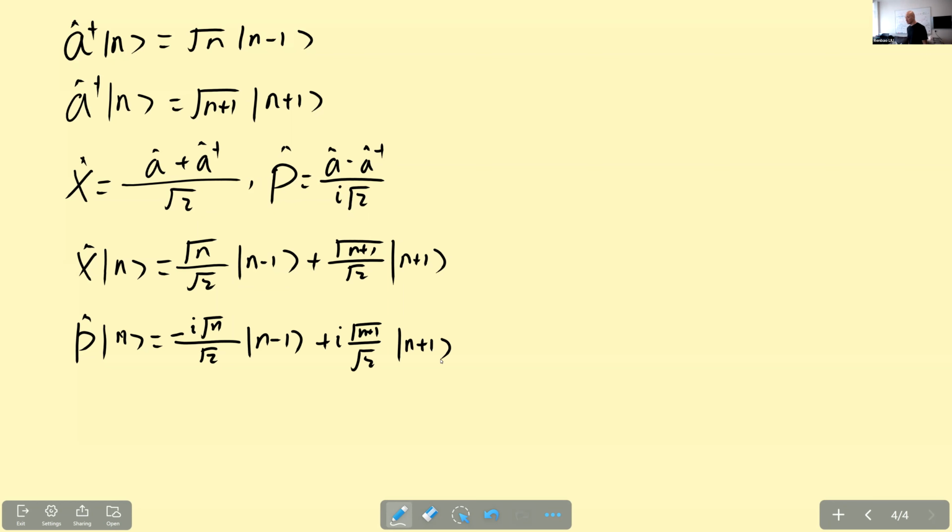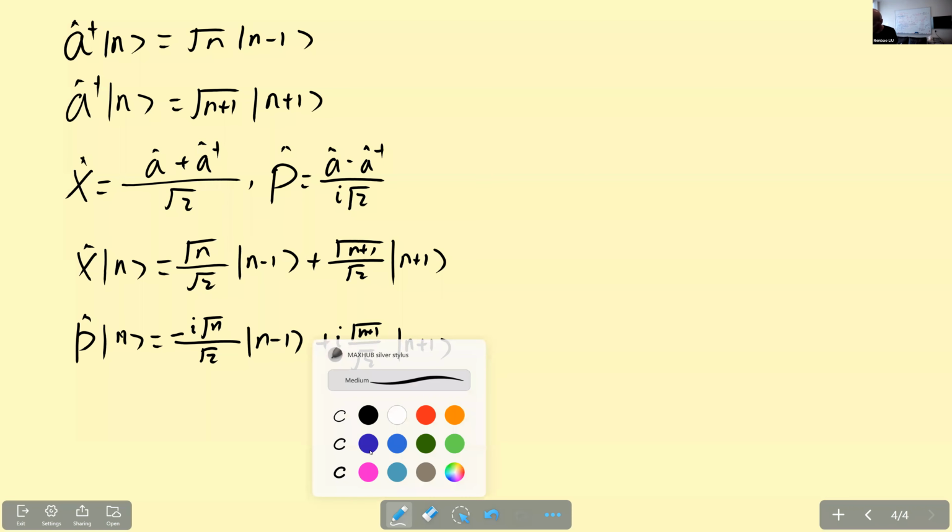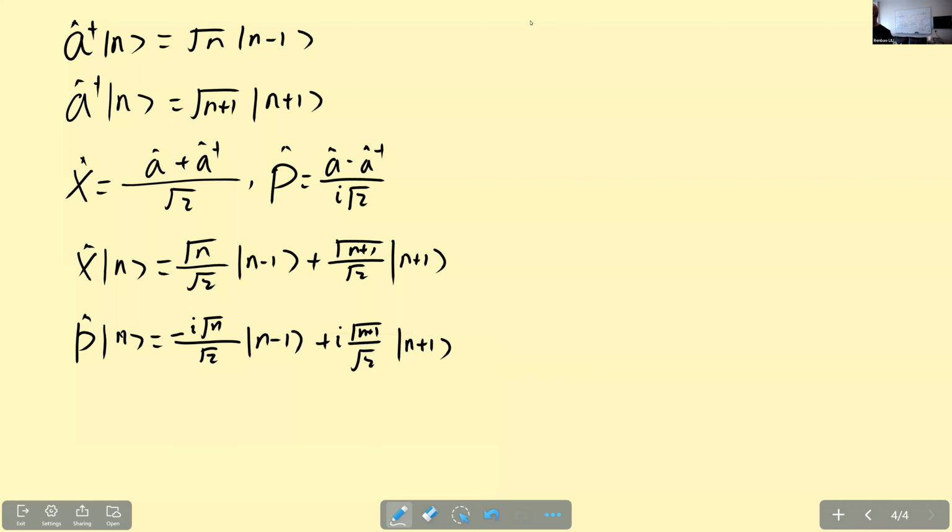So you can also look at the matrix element, ⟨m|x|n⟩. This one obviously will be 0 if m and n are not neighboring.